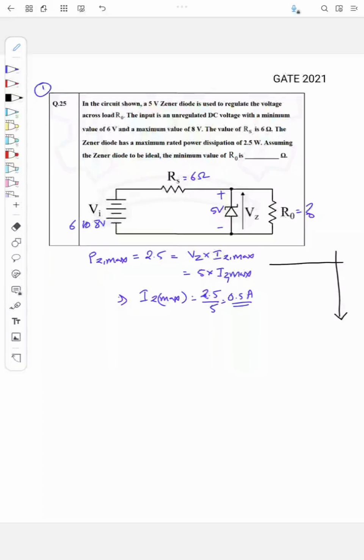if this is the Zener current and the voltage across the Zener diode Vd, and Vz is actually the Zener breakdown voltage, right? So the graph will be like this. At Zener voltage Vz there will be the breakdown happening, right?